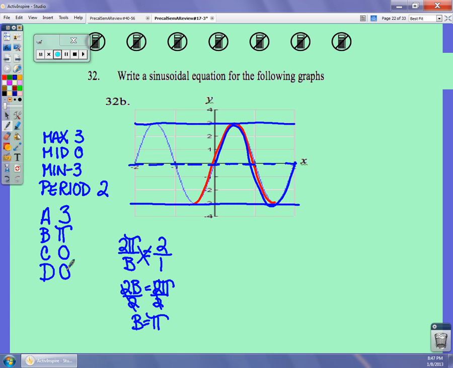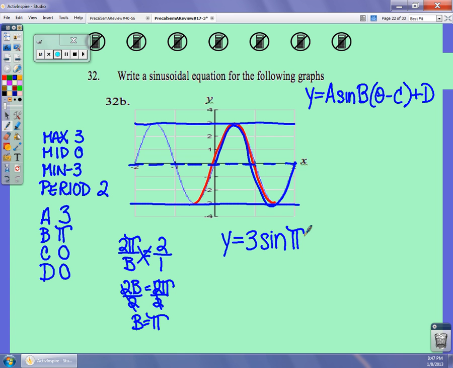Let's go ahead, using our equation, y equals a sine b theta minus c plus d, to write our equation. In this case, we get y equals 3 sine pi theta. There is no c or d, no shifting left or right or up or down.